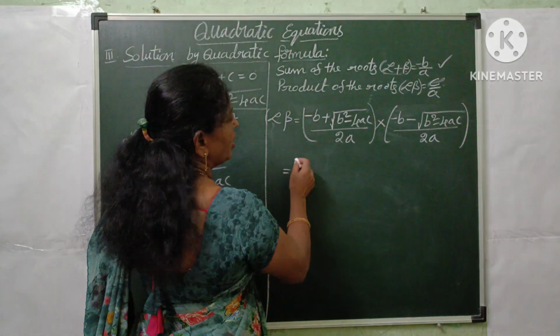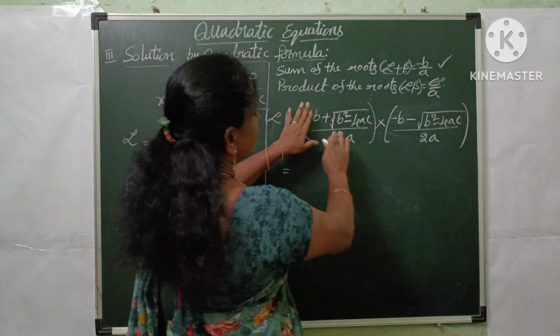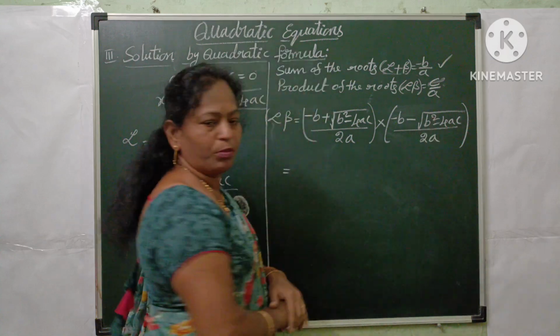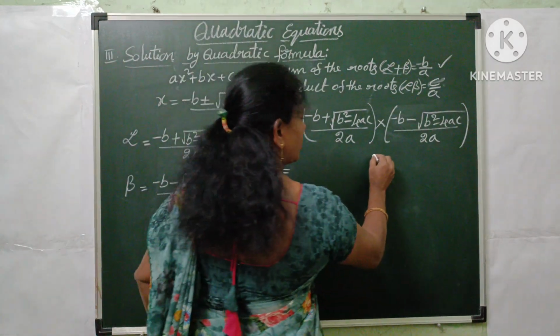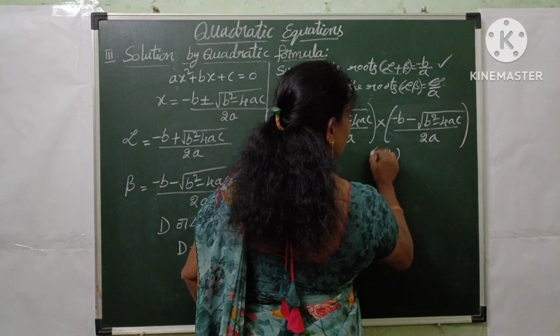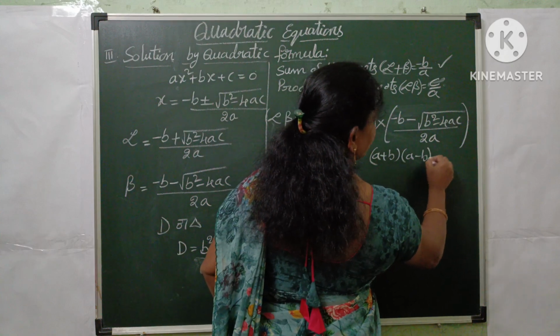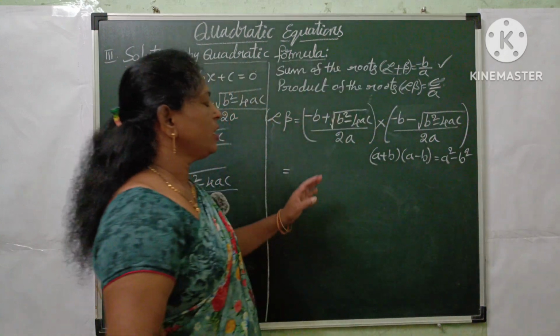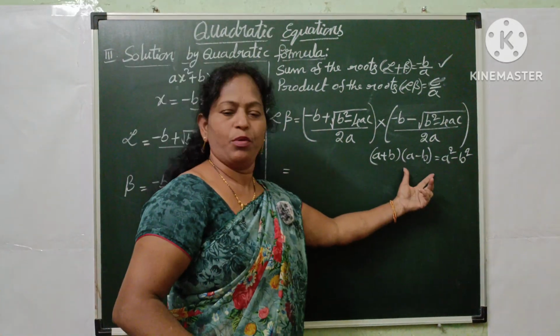Okay, now here check it. Here this is a plus b into a minus b formation. So a plus b into a minus b equal to a square minus b square. So we have to write in this formation.